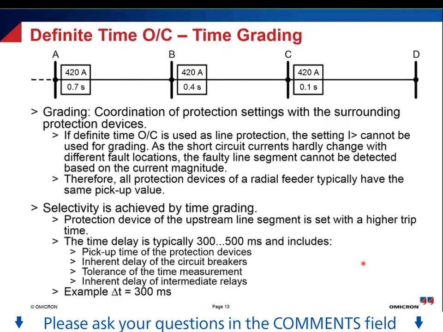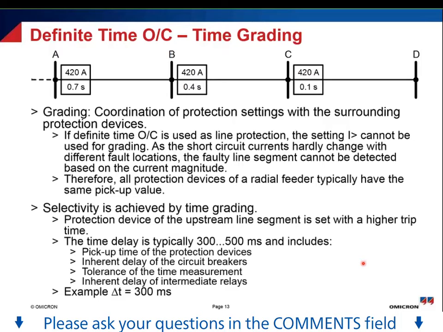This needs to be a certain time, because the pickup time of both protection devices needs to be taken into account. Also the inherent delay of the circuit breakers, so the circuit breakers also need some time to react.